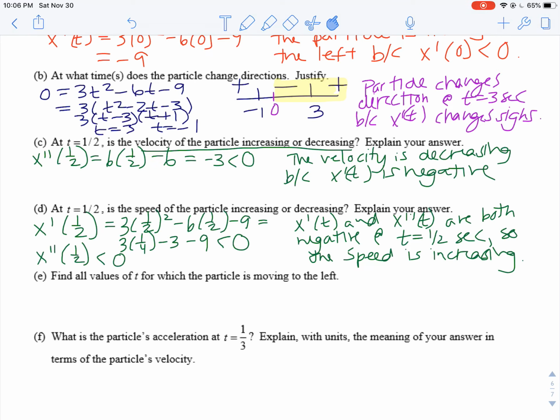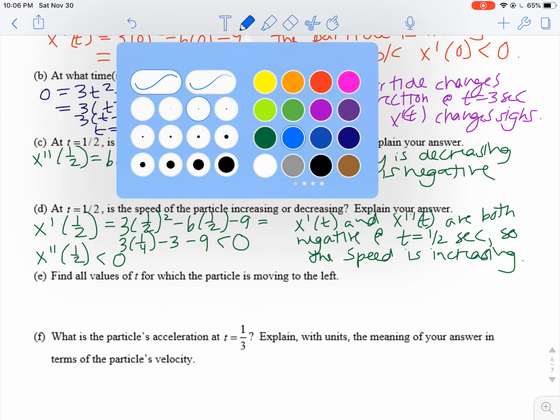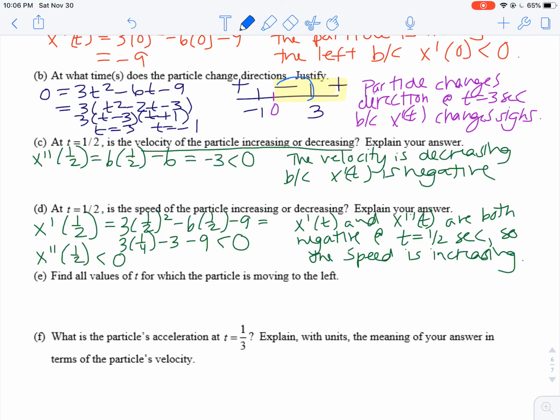All right, find all values of t for which the particle is moving to the left. So we just want to look back at that sign chart that we made in part B. And we're looking at where it's negative. That was right over here from 0 to 3 seconds. So we're looking at that sign chart. When x prime of t is less than 0, the particle is moving to the left.